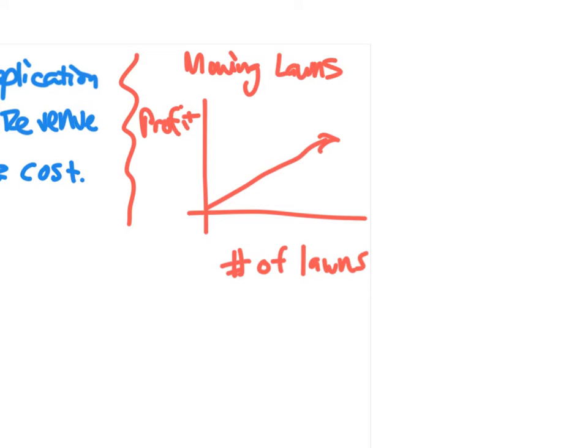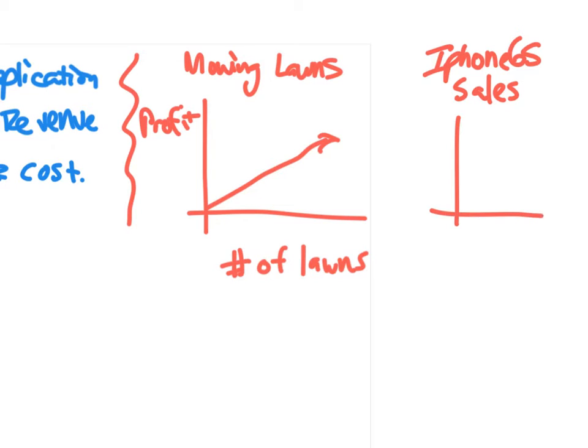But let's think about something else. Let's think about iPhone 6S sales. You want to maximize the number of iPhone 6S's that you sell, so you have to produce enough.